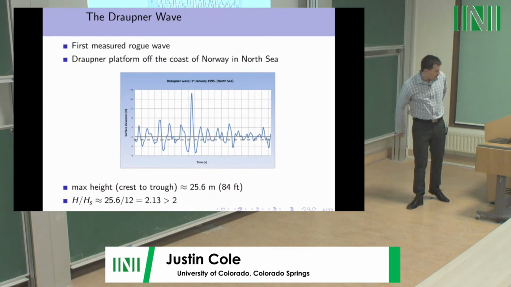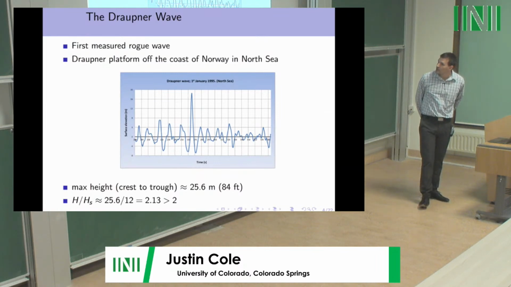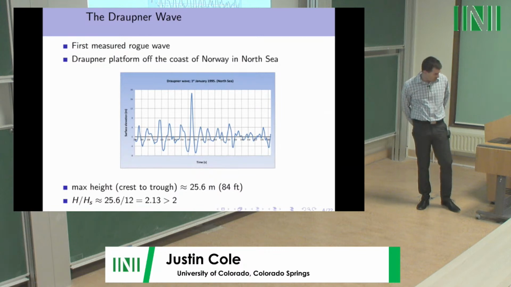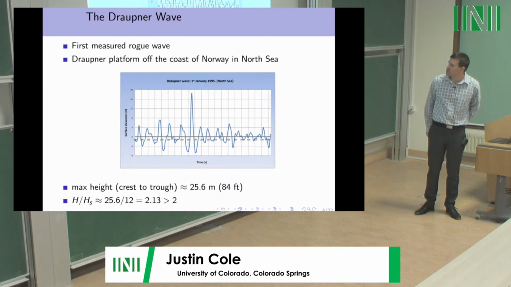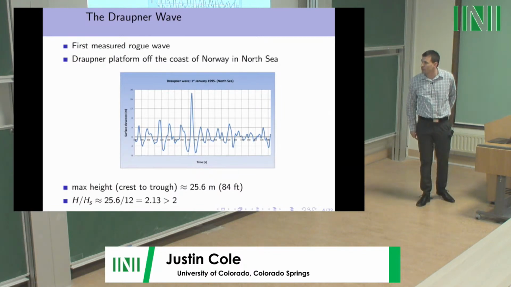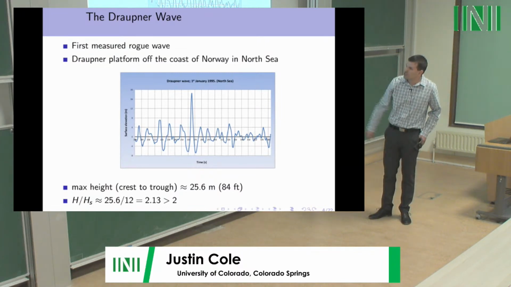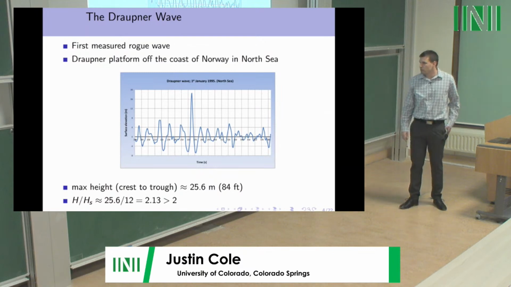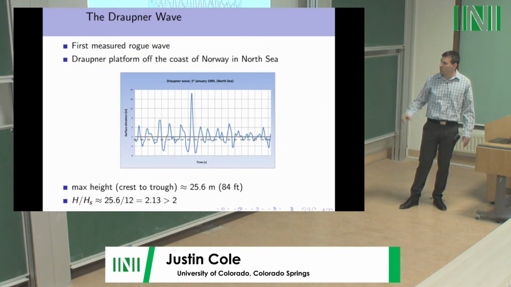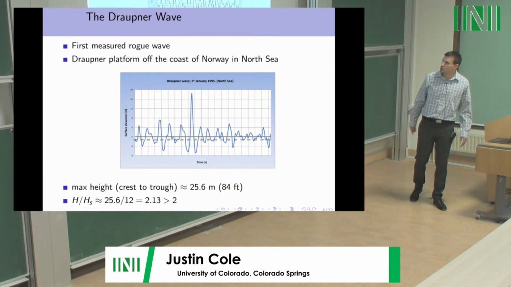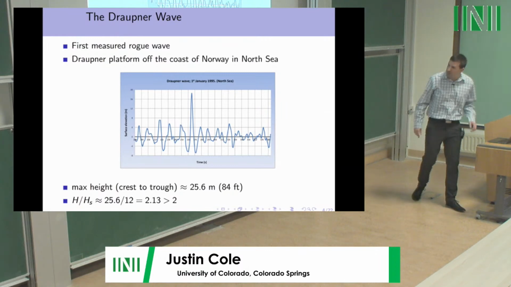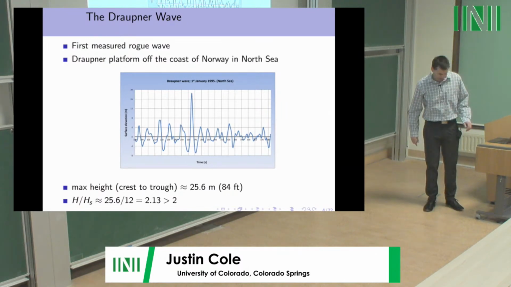And what you see is the rogue wave event there, right in the middle, whose crest to trough amplitude is 25.6 meters or 84 feet. More importantly is the ratio of the crest height to the significant wave height, H over Hs, which is 2.13, and so it meets that criteria for the rogue wave.